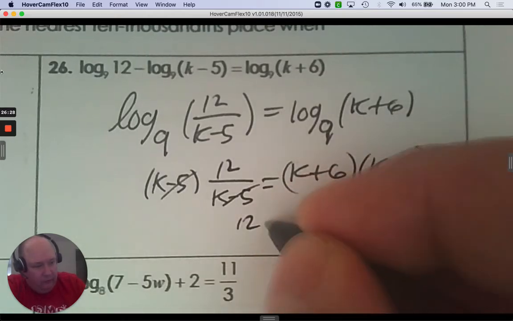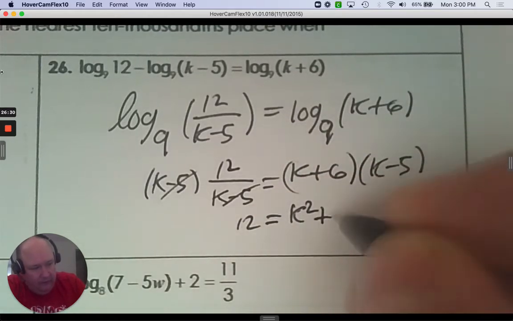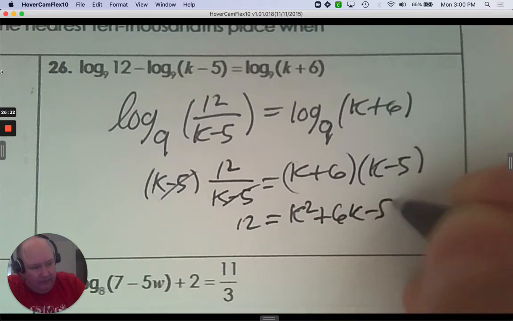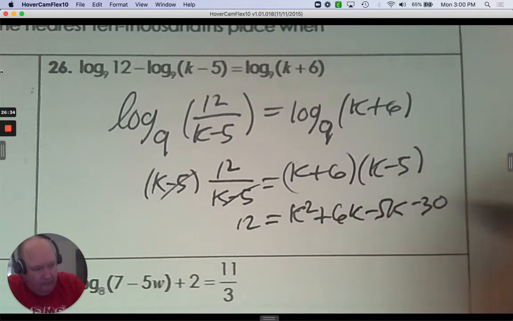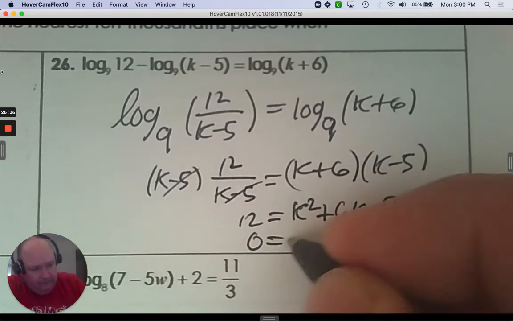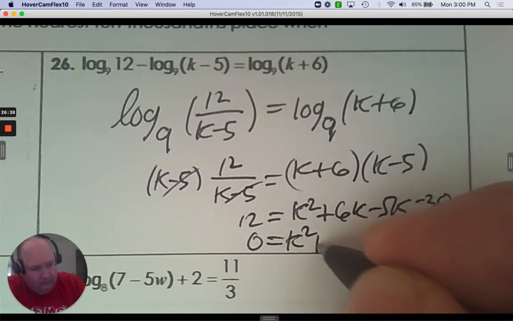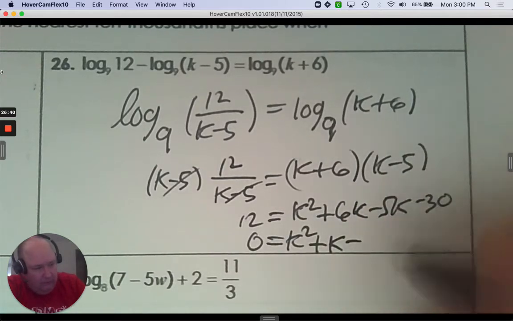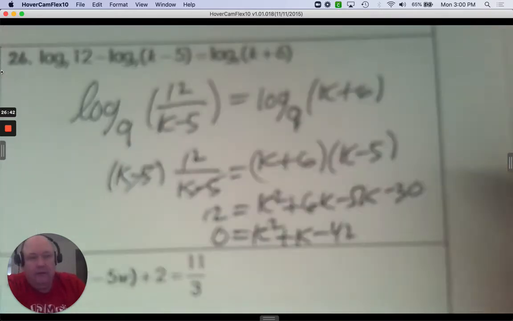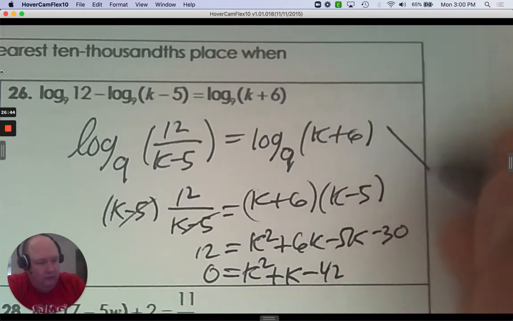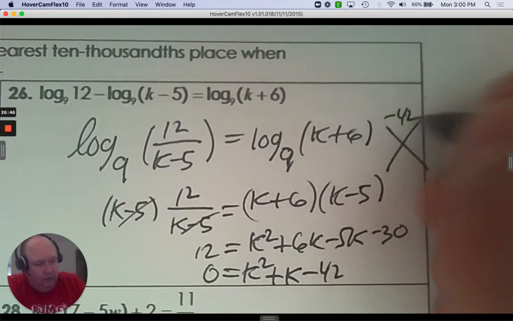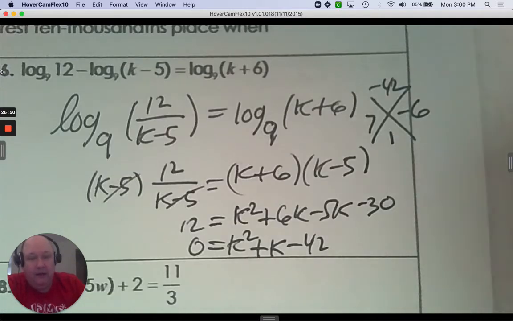So that's 12 equals k squared plus 6k, subtract 5k, subtract 30. Make it equal to 0. So subtract 12. Combine like terms. This is factorable. So negative 42 and positive 1, the two numbers are 7 and negative 6.